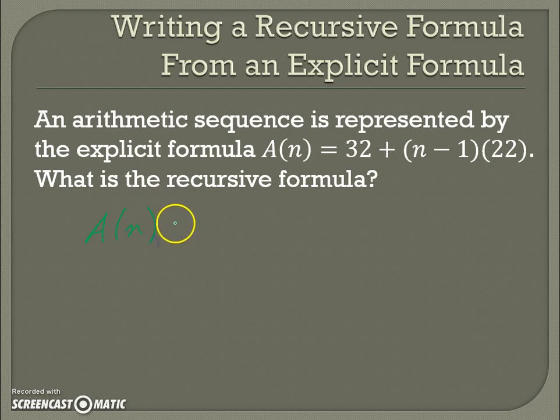So I have A of n equals A of n minus 1 plus 22, and then you have to state what that initial value is, where A of 1 is 32. If you do not include that initial value on a recursive formula, then you've done it incorrectly. That's very, very important.